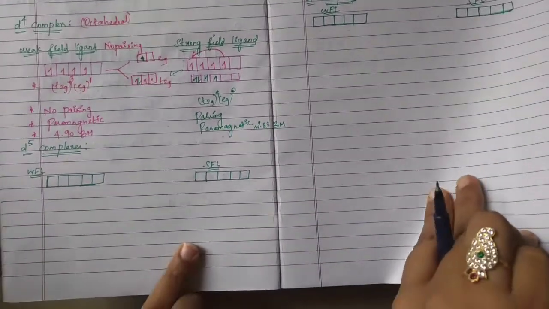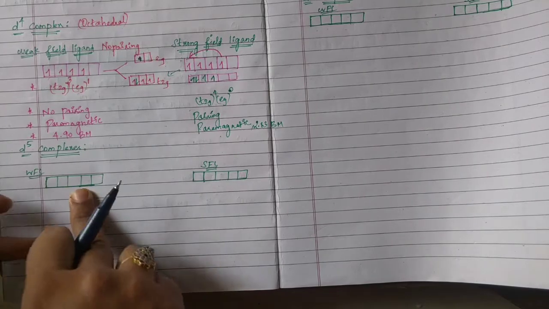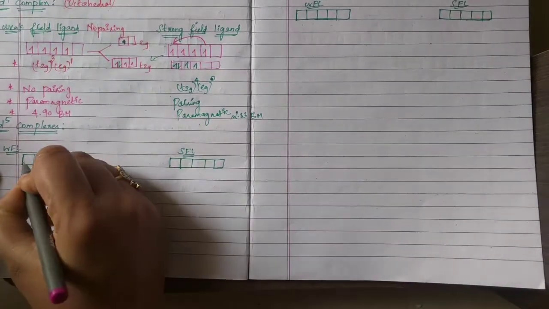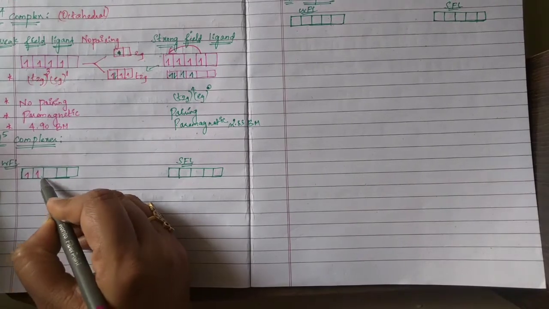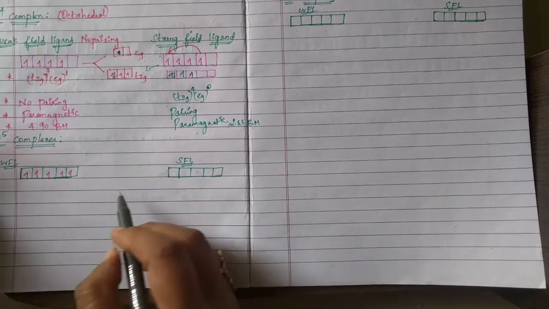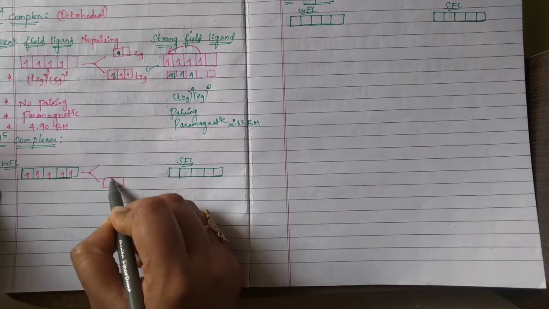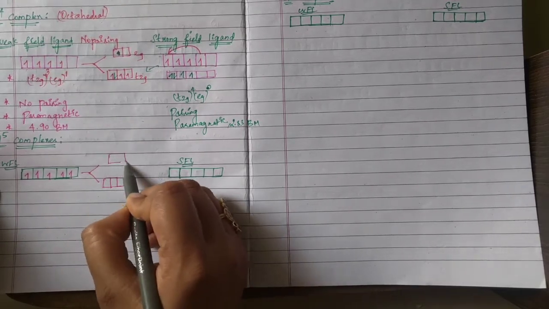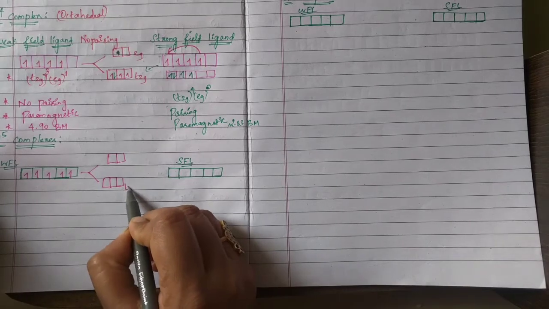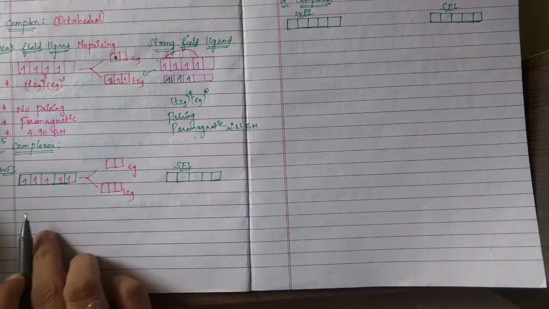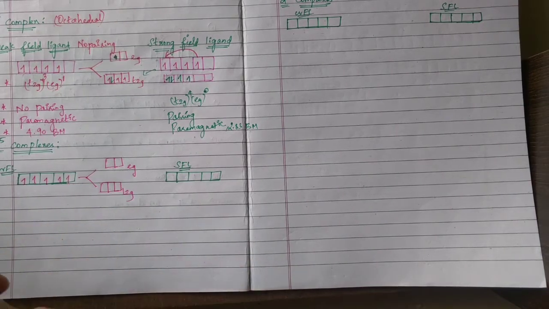Next, the d5 complex. In a weak field ligand, d5 means 5 unpaired electrons are there: 1, 2, 3, 4, 5. Three orbitals are down and two orbitals are up, t2g and eg.